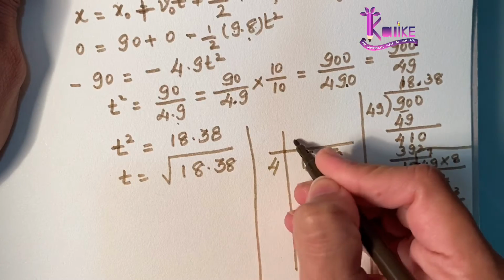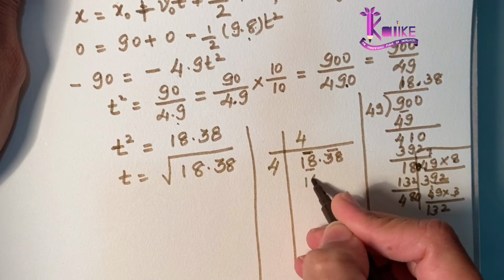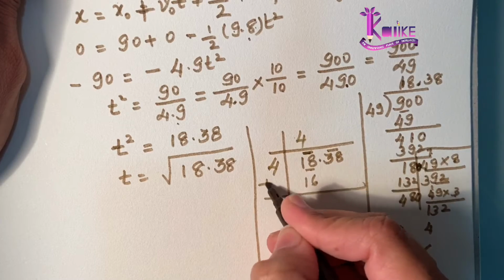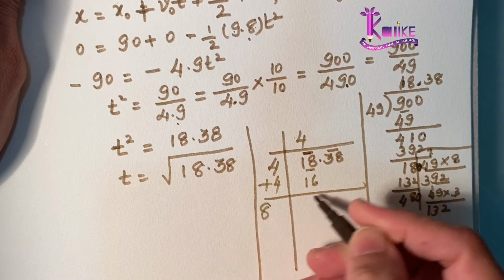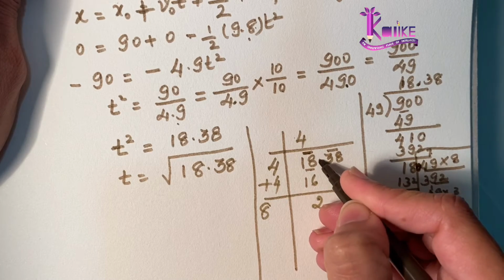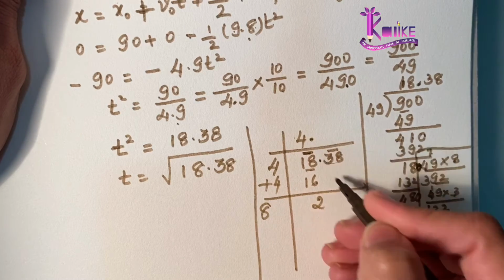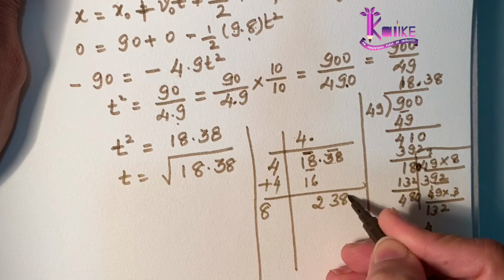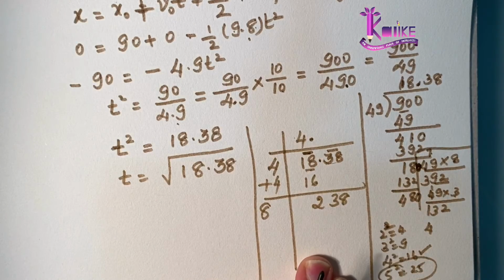So I take 4 square. 4 4s are 16. And this 4 you add it here to get 8. So you subtract this number. You get 2. You remove the decimal point and take the whole digit, which is 238.